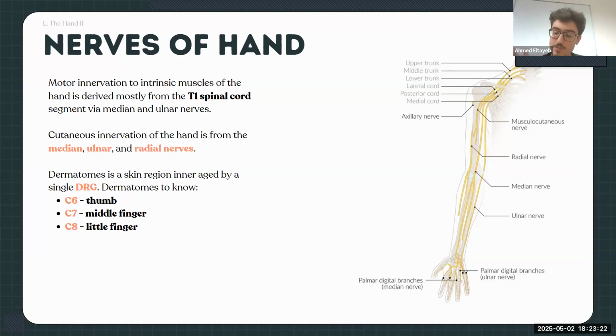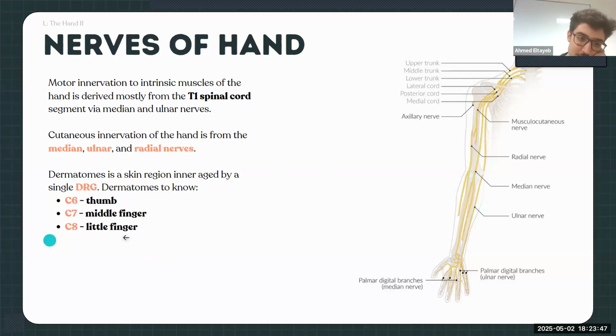Adductor pollicis, ulnar as well. The three muscles here, which are the opponens, abductor, and flexor brevis, median. And here you have flexor brevis as well, and also abduction and adduction, also ulnar. Okay.